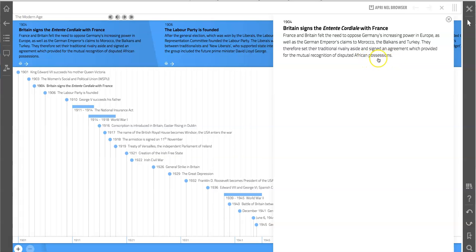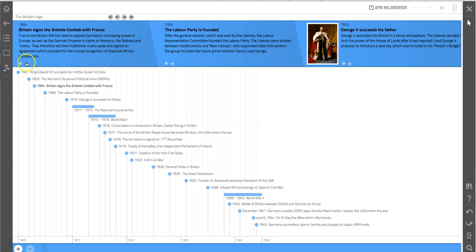Okay, so African possessions were the topic for this dispute.